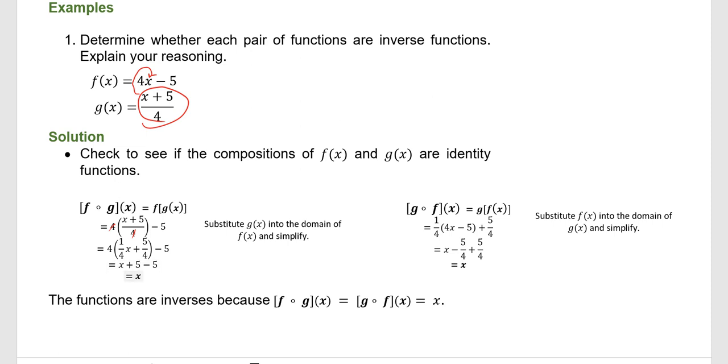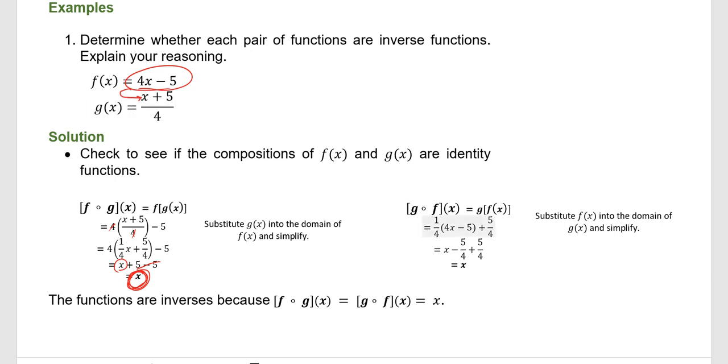And then you get x plus 5 minus 5, which, the 5 minus 5 cancel out, is just x. g of f of x is g, and then plug in the expression for f of x into all x's in g.